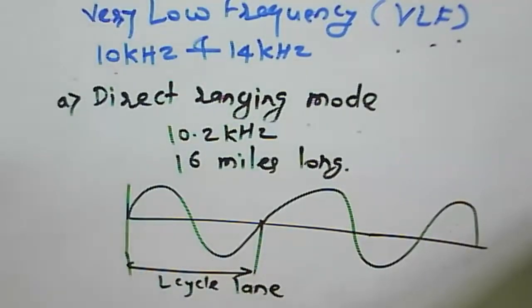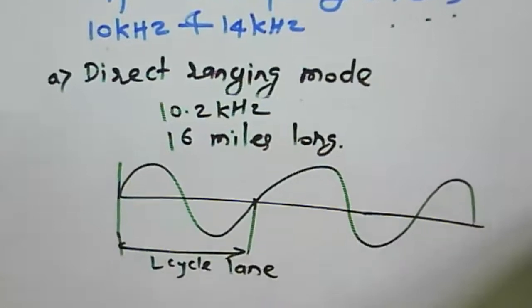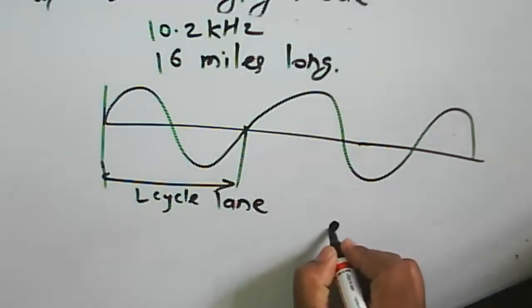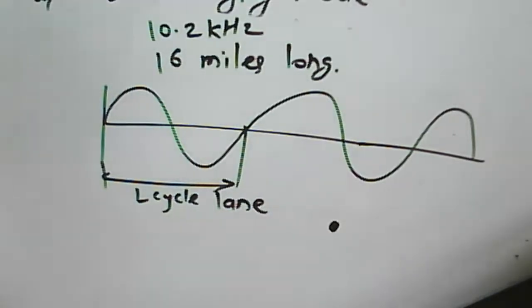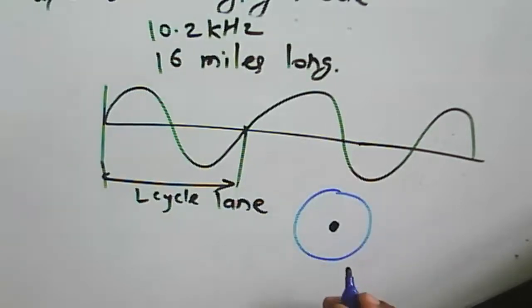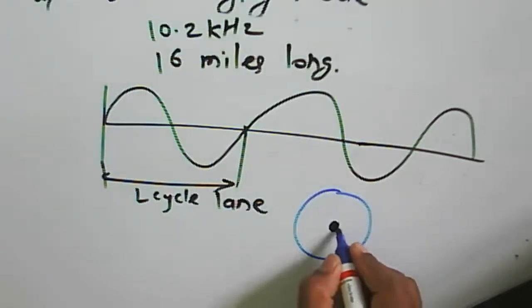For a given signal there will be the amplitude, but here they form a lane with a line of position. Here is your receiver now. I will draw in a different way, and this one is the transmitter.